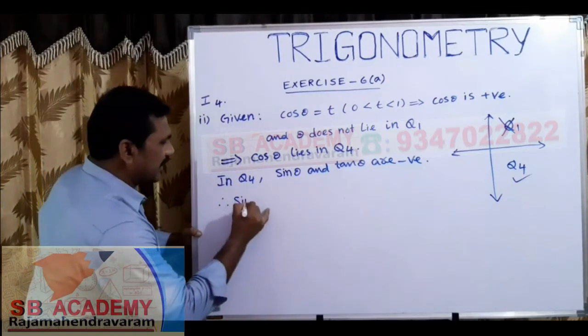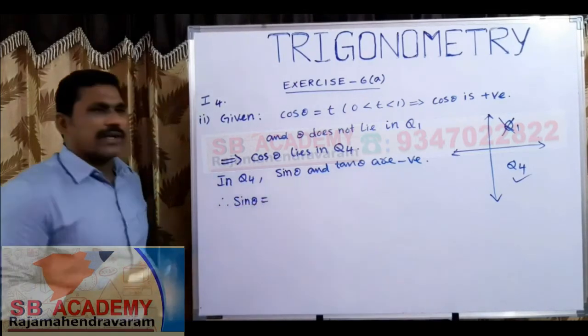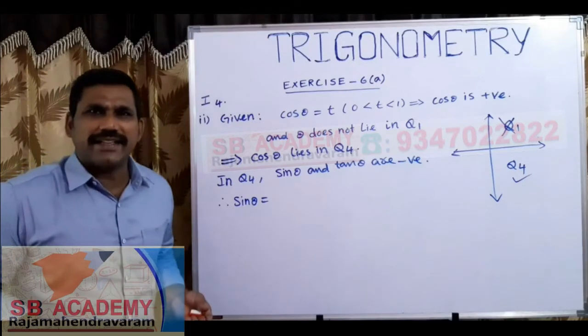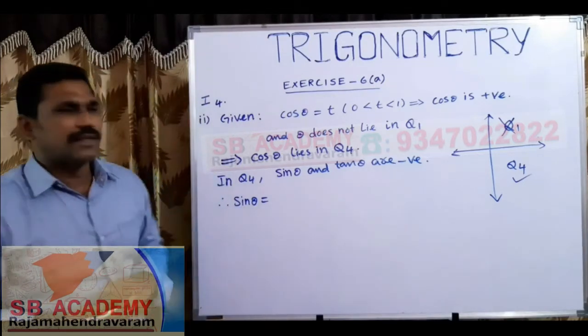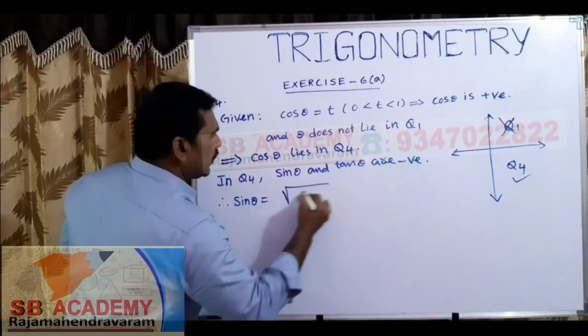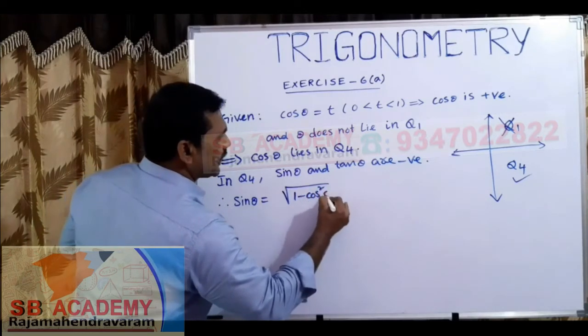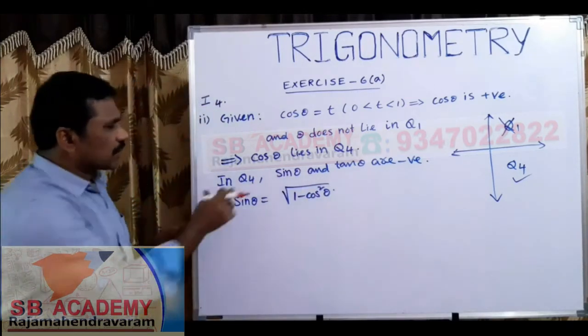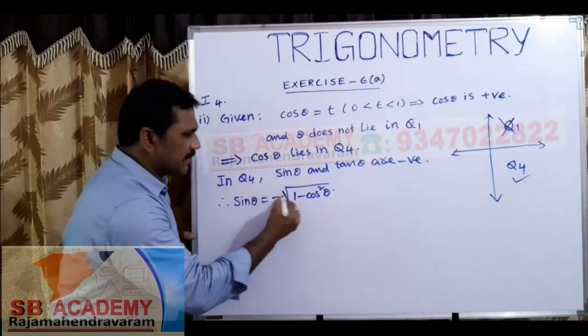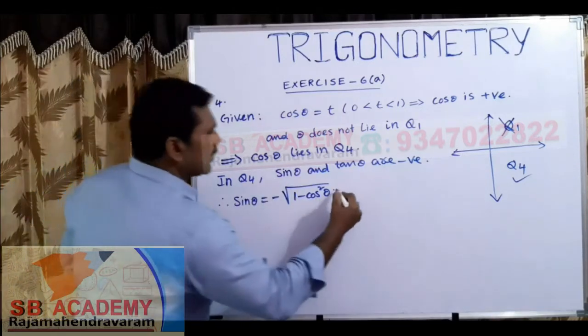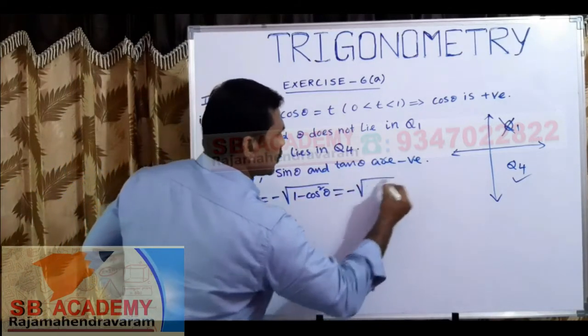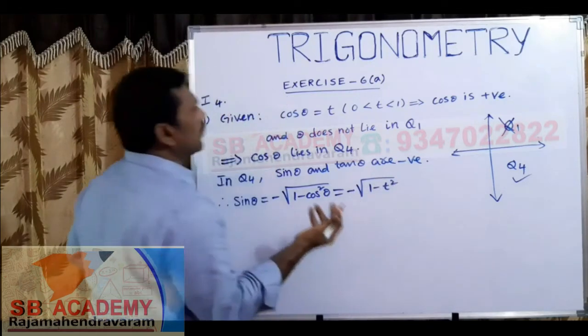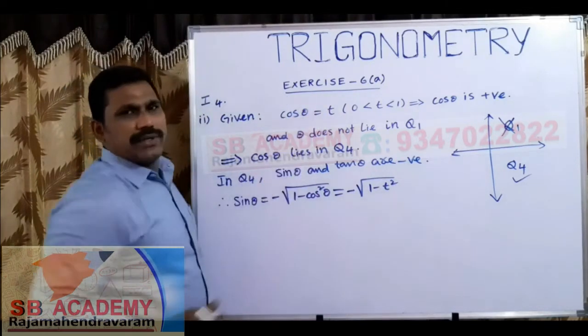Therefore, sin theta. Children, what is the formula for finding the sin theta in terms of cos? Root over 1 minus cos square theta. But in fourth quadrant, sin theta is negative. Okay. Which equal to minus root over 1 minus t square. Why? Because cos theta value is t.